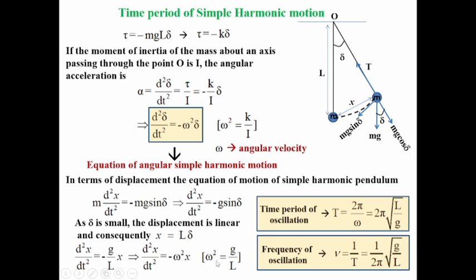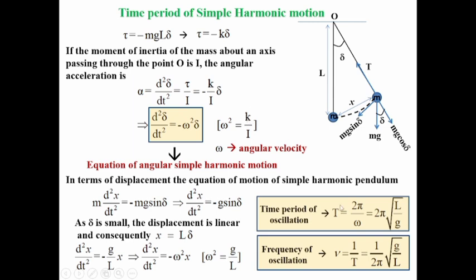Here we are getting one single frequency, because this is simple harmonic motion. It depends only on the length of the string, that is the dimension of the string. If we consider a spring, in that case the time period will depend on the elastic constants, here you can see this k.